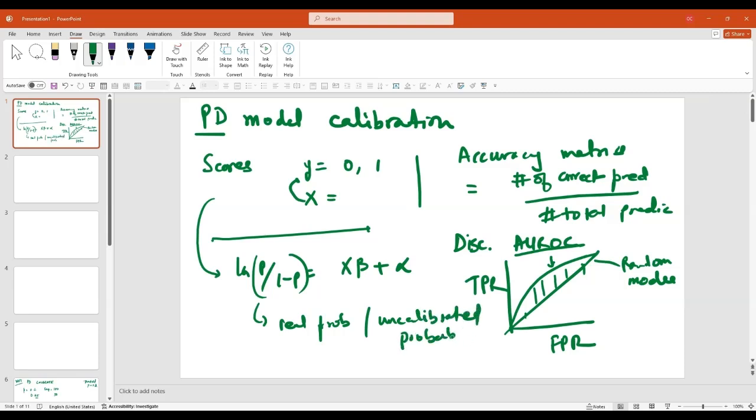The reason is because in arriving at these scores, what the model is trying to do is differentiate the goods and the bads, but it is not necessarily getting predictions or probabilities that match what you would expect based on the data.